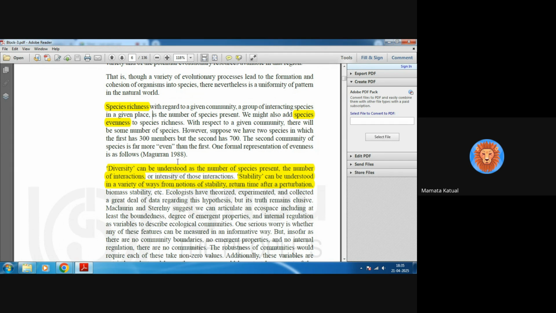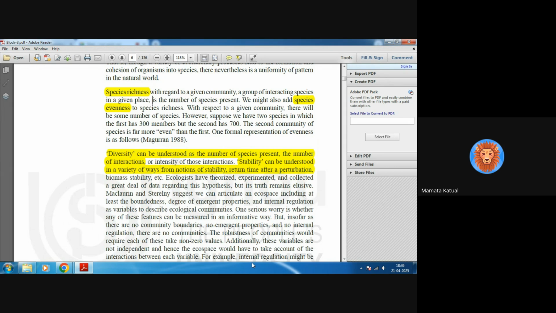So there is an example. Suppose we have two communities in which the first has three members of a species, but the second has 700. The second community of species is far more even than the first. So when there are more numbers, then the species evenness is more.